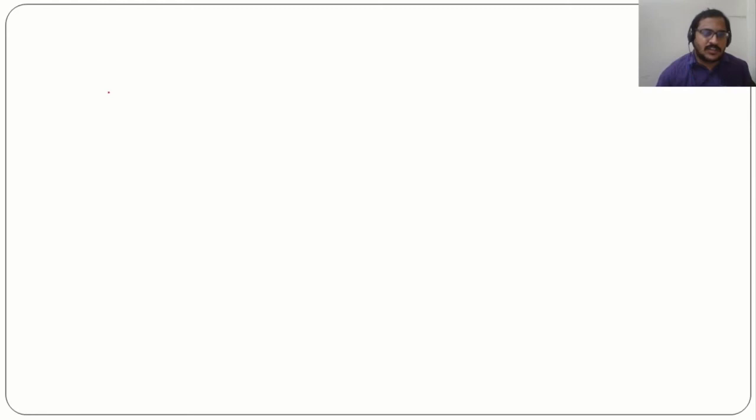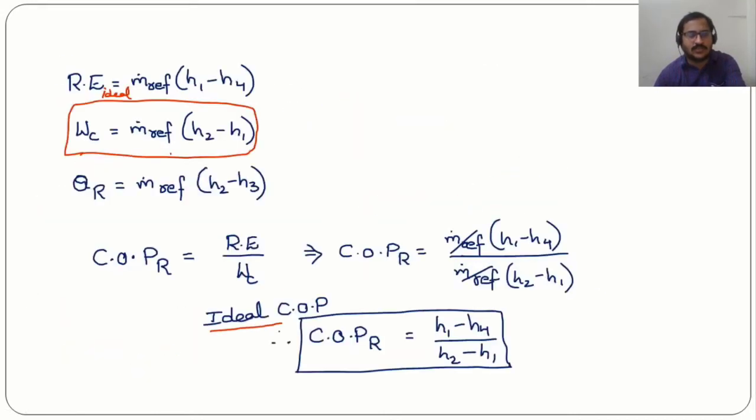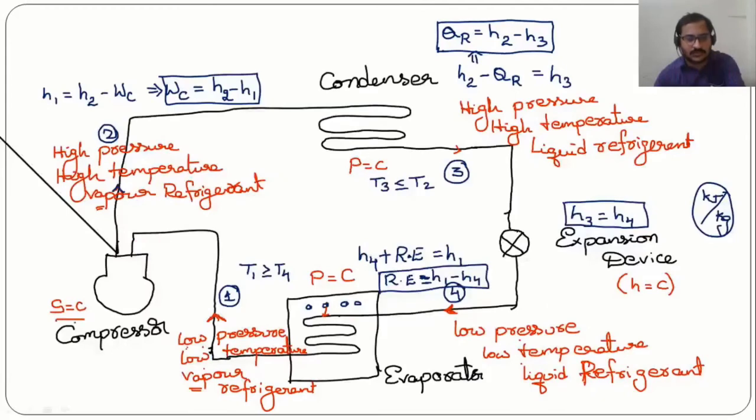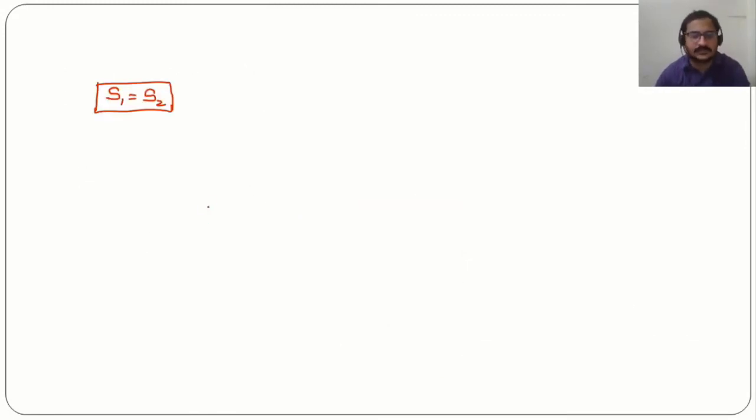Now we know that the condition s1 is equal to s2 because we have assumed isentropic compression. So during process 1 to 2 you should take s1 is equal to s2. Then both are wet conditions, so for s1 and s2 we should use wet steam or wet refrigerant formulas.